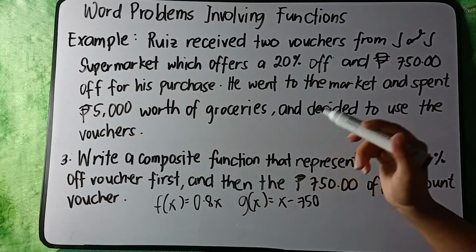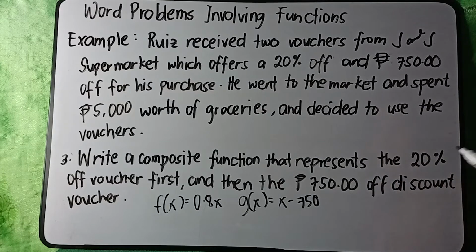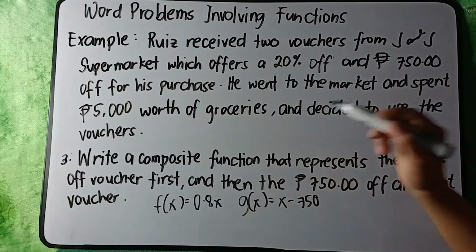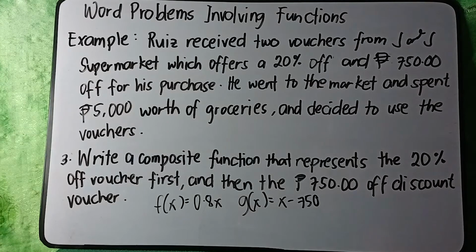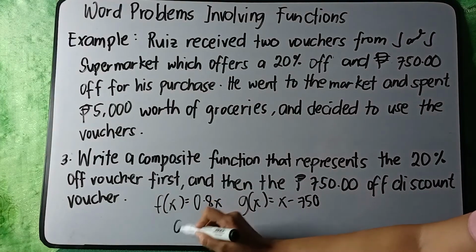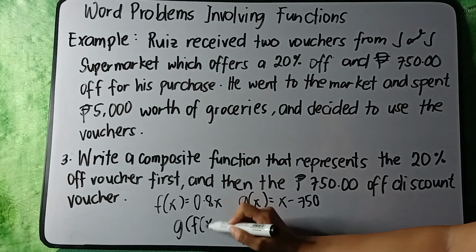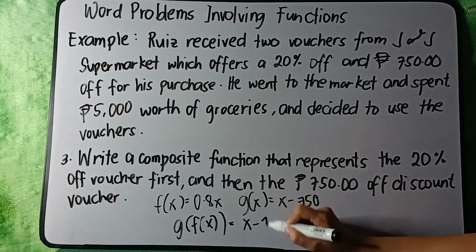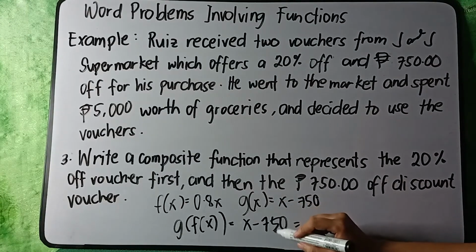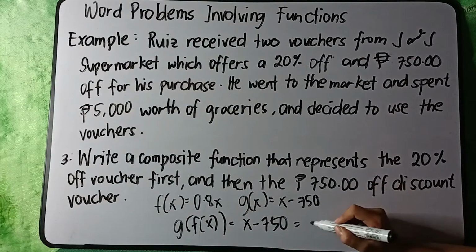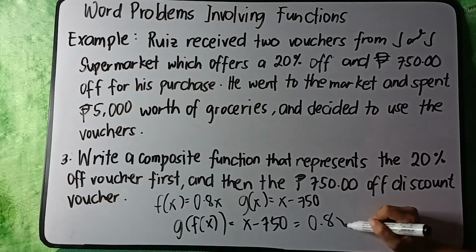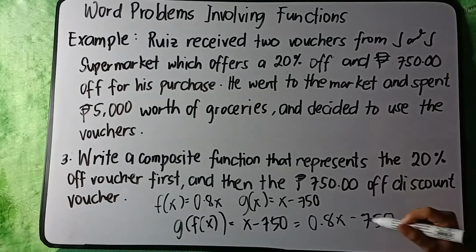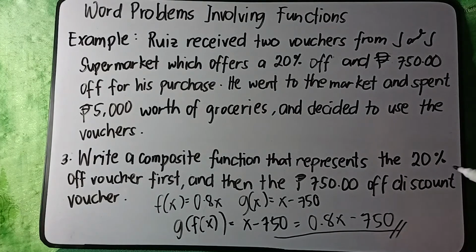So we need to write the composite function that represents first our f. So we have g of f of x. Getting the g of x, x minus 750, we need to substitute your f of x into our x here. So we have 0.8x minus 750. So this is our composite function for number 3.